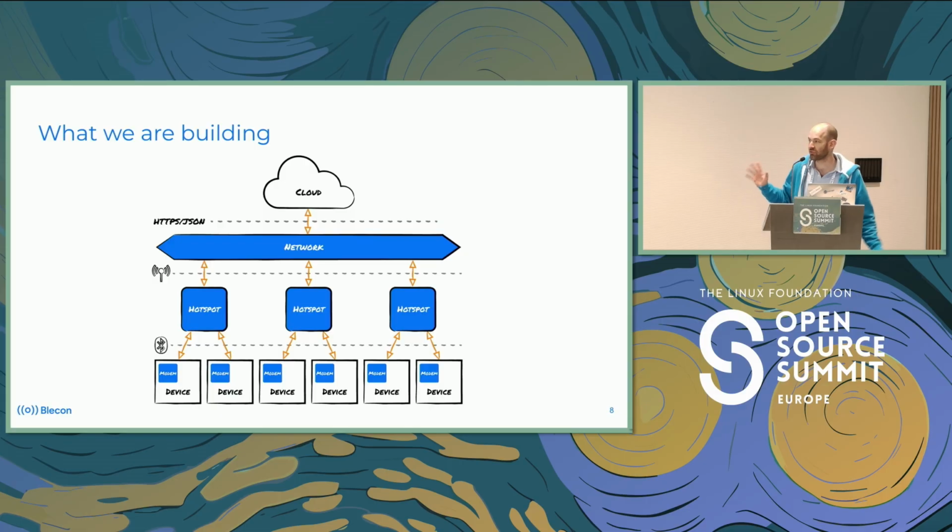Very briefly, just to give some context on what we're building, so it's not a talk about Blecon, but just knowing what we do frames why we're doing the testing and what we're testing. The companies who use our product want to get data from devices running Zephyr.